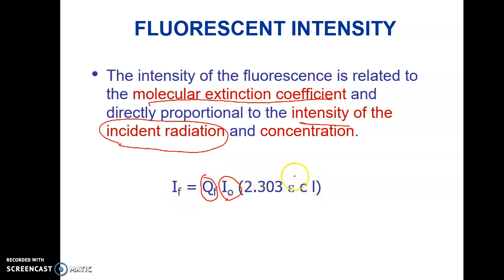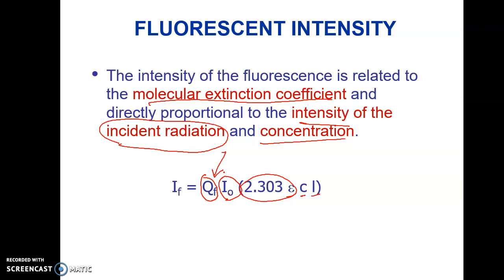But we also have the same parameters, concentration and path length, and then the factor with epsilon. Usually the fluorescence intensity can be easily calculated when we have the quantum yield. You can look up the quantum yield for each fluorescing compound in textbooks, where it has been tabulated for you to use in any application if you are analyzing with the fluorescence spectroscopy method.